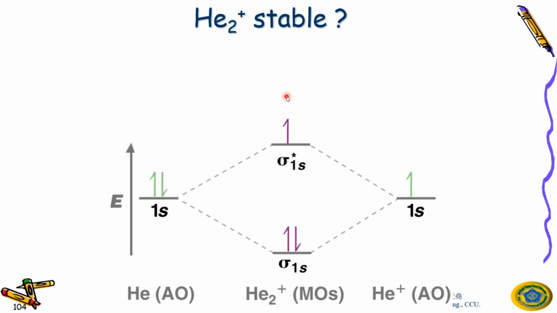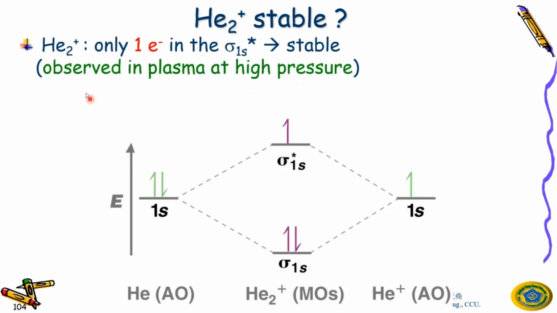How about if you lose 1 electron? If you have the helium molecular cation, is this stable? Yes, compared to this. This energy will be lower, and there's only 1 electron in the anti-bonding molecular orbital, so it's stable. And this is observed in plasma at higher pressure.